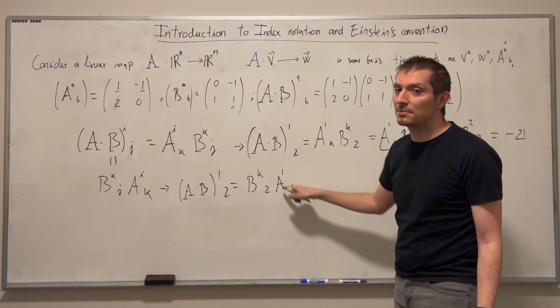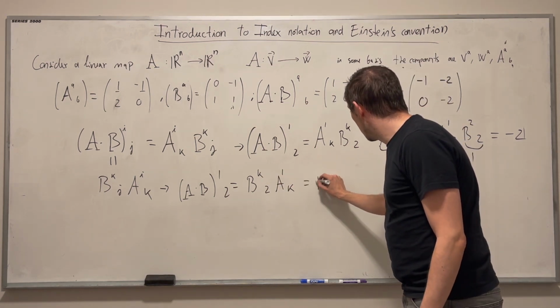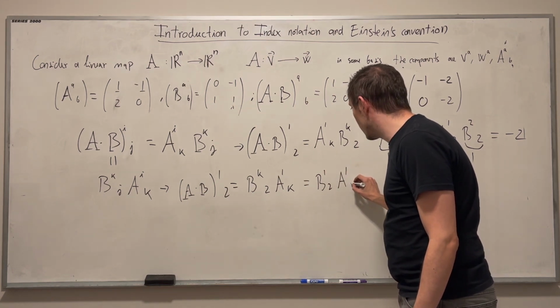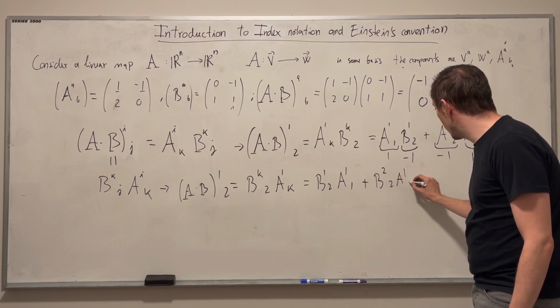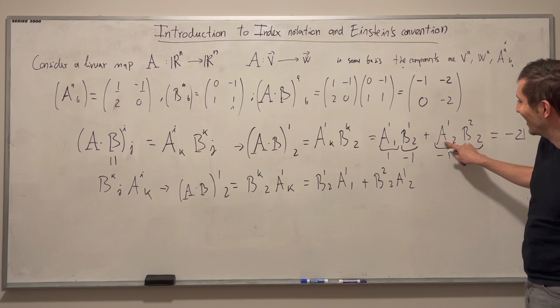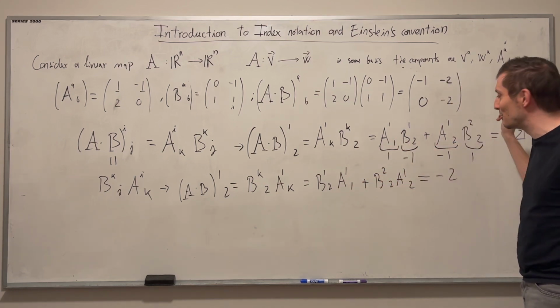Remember, repeated index upstairs and downstairs sum. So this thing would be B12 A11 plus B22 A12. Well, this guy is exactly this guy, and this guy is exactly this guy. So yeah, it's exactly the same thing, minus 2 again.